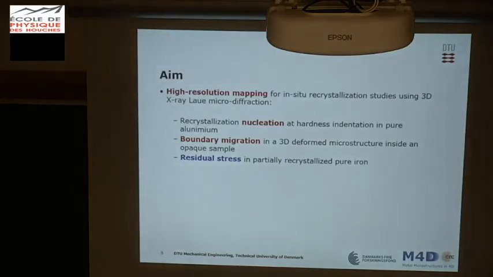Lately we have been using this technique quite a lot. In this talk I will briefly show what we can study about recrystallization, where we have both the deformation matrix surrounding the nuclei. So I call it full field, high resolution mapping.